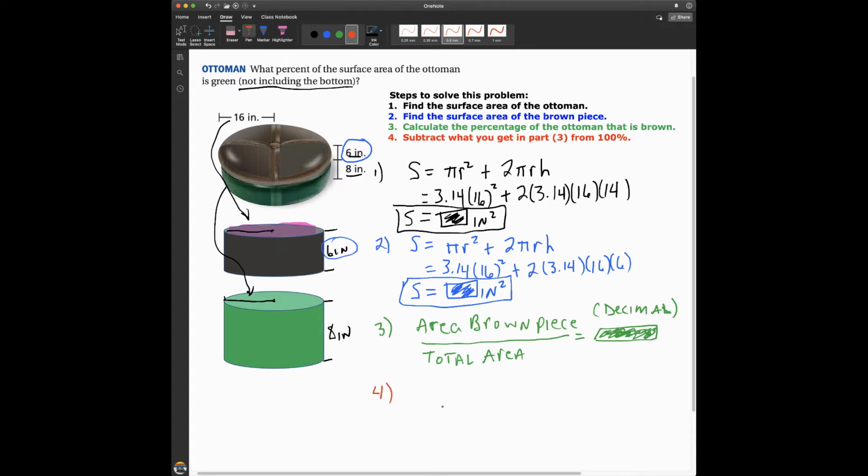I'm going to take 100% and subtract whatever I get when I turn this decimal into a percent. So I just subtract that.